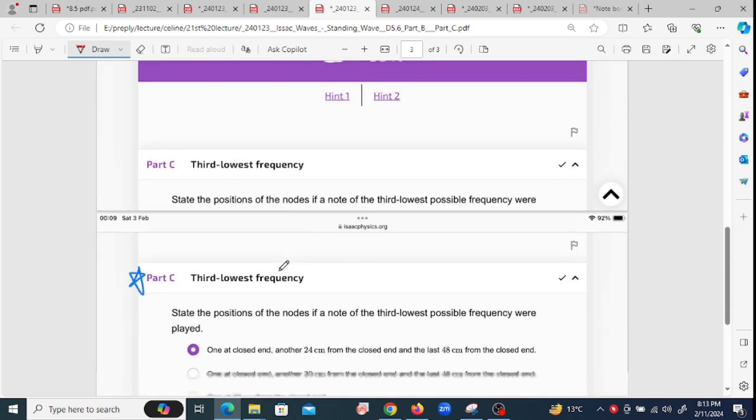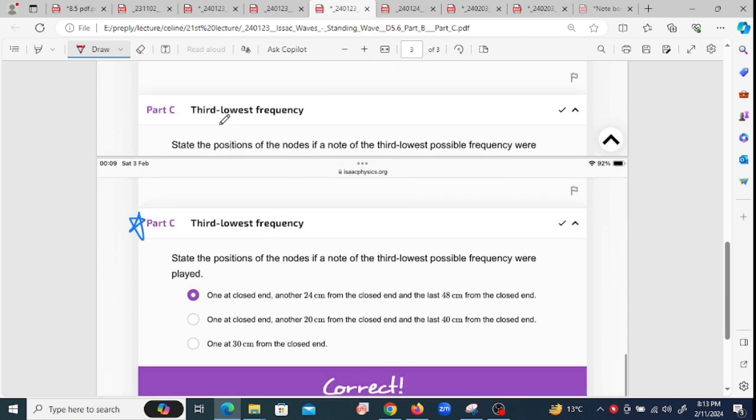Okay. For the third lowest frequency, we again draw the same diagram. We have three harmonics there, and there is an antinode at this end on the left hand, and then node. Then this is one harmonic, second harmonic, and this is third harmonic.